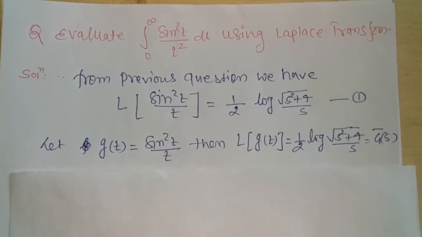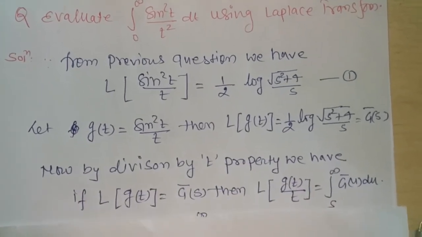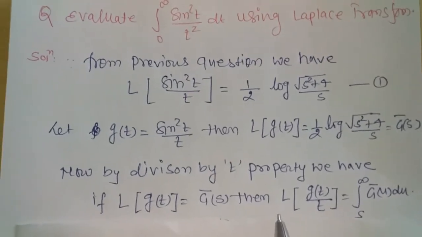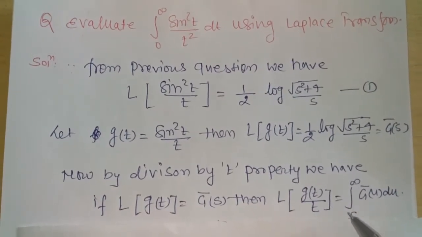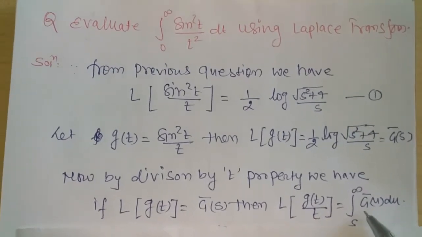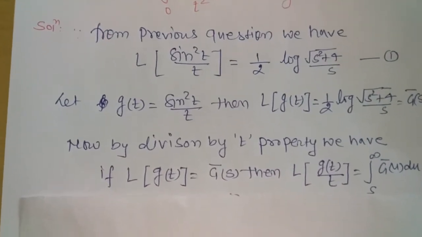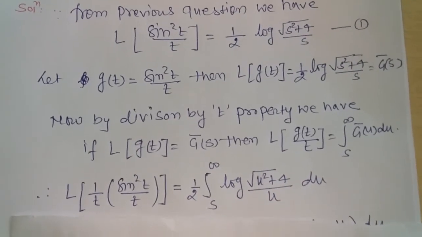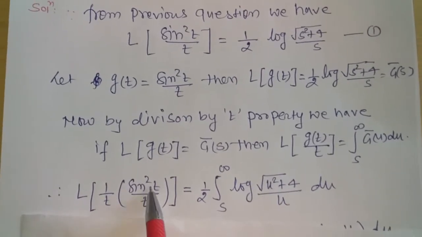Now here again we apply the division by t property, and we know that if the Laplace transform of g(t) is g bar s, then the Laplace transform of g(t) by t, that is division by t, is the integral from s to infinity of g bar u du, where g bar is the Laplace transform of g(t). So by using the division by t property, we have the Laplace transform of g(t) by t, where g(t) is sin square t by t.